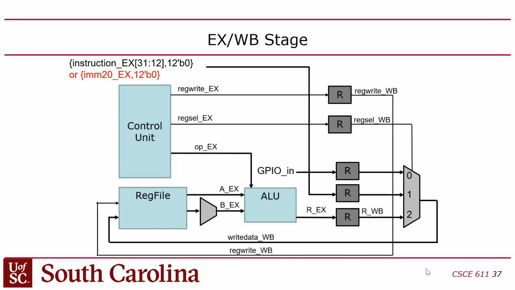Okay, so this is the EX and write back stage. By the way, the naming is weird because we have 3 stages. What are we going to call them? I call them fetch, execute, and write back. But technically the execute is also decoding too. So the control unit is going to have to tell the ALU what to do.